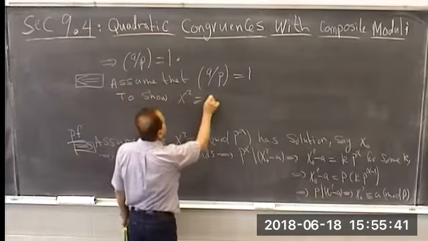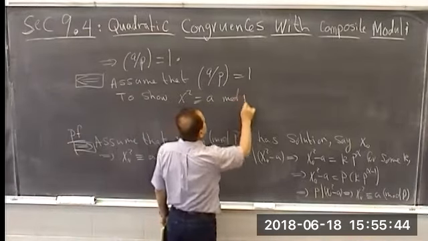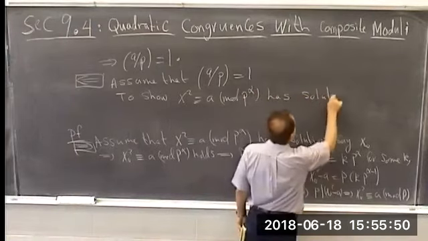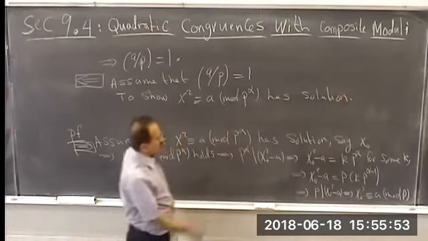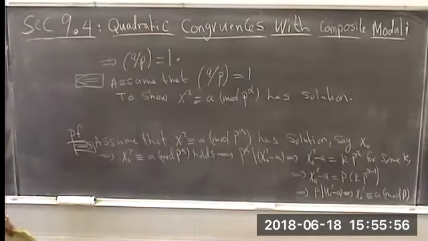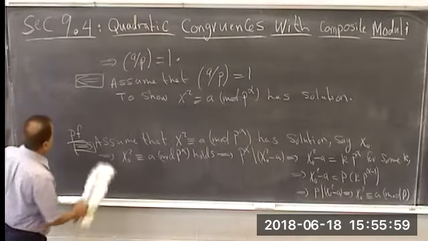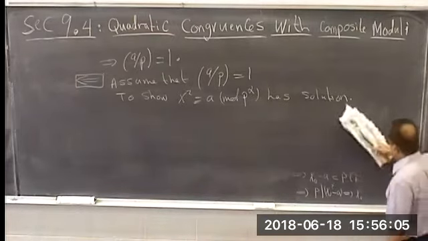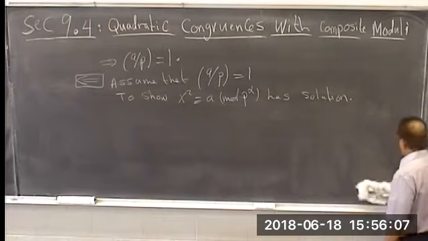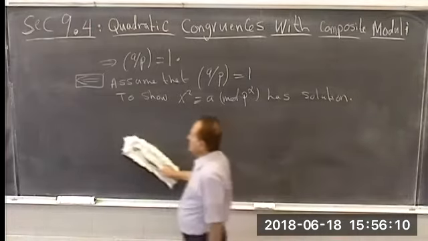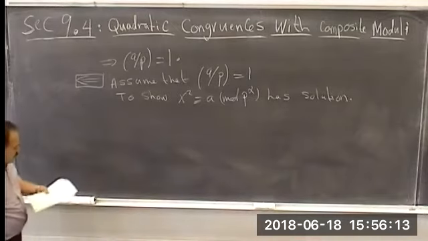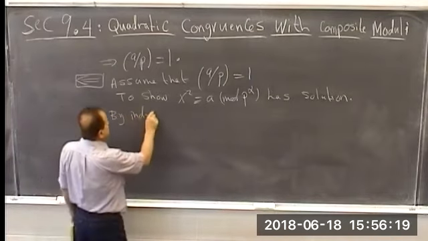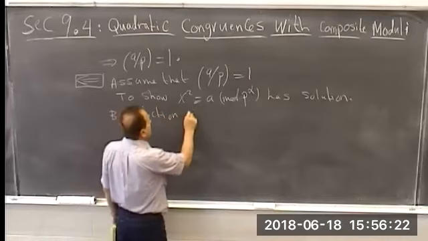And really, this is where we're going to have a constructive way to go from the solution of x squared congruent to a mod p to p squared, p to the third and so on, to a higher power of p. We're going to do this by induction on alpha.